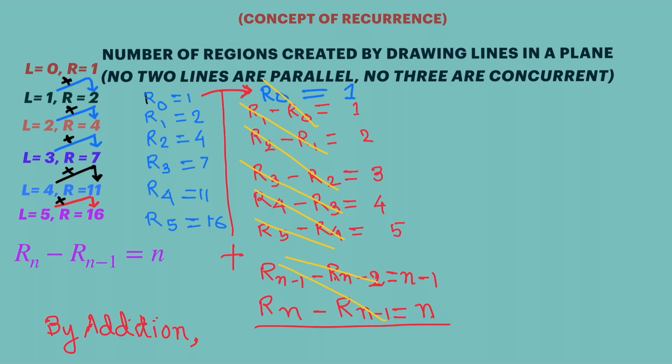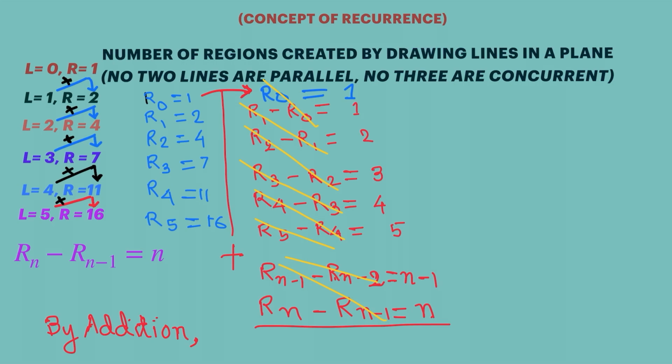R5 will be cancelled when we had written the equation after R5 minus R4 equal to 5, then R5 will be cancelled. And if we had written the equation Rn minus 1 minus Rn minus 2 equal to n minus 1, then also Rn minus 2 will be cancelled with plus Rn minus 2 in the top. So in this way, all values of R will be cancelled except Rn.